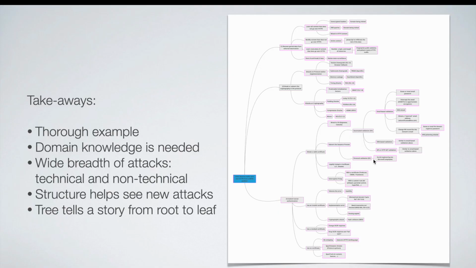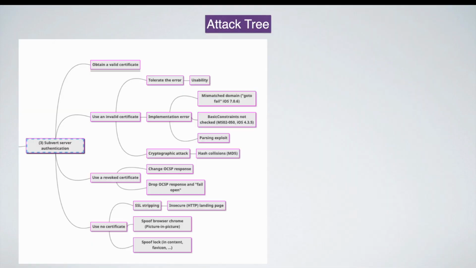So it's organized. An example of this, actually, if we just go back here, you can see I have obtain a valid certificate, an invalid certificate, use a revoked certificate, use no certificate. So that structure helps you. You say, what are the other kinds of certificates? Say I didn't have no certificate here. I'd be like, okay, I could use a valid, an invalid, a revoked, so one that was valid but is now invalid.